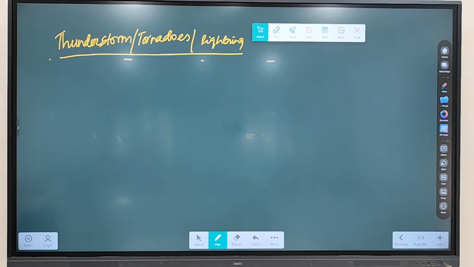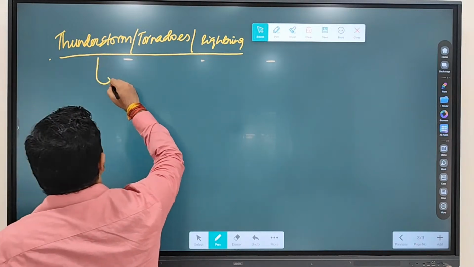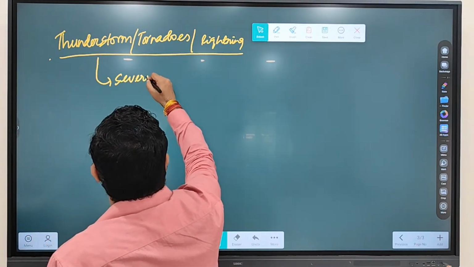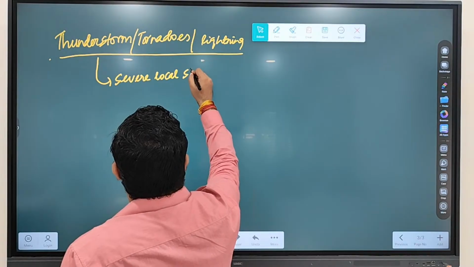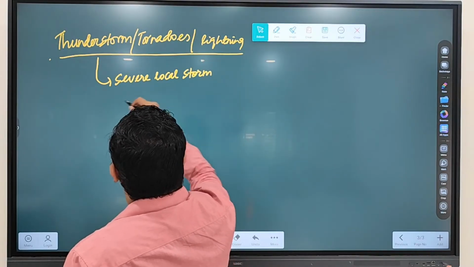Clear? What is a thunderstorm? These are referred to as severe local storms.